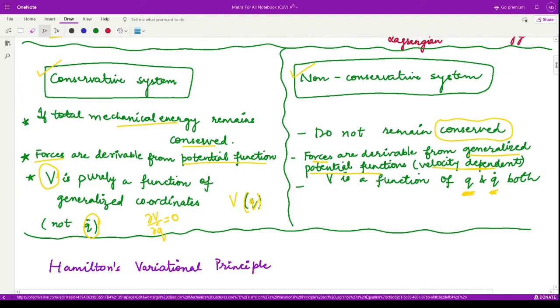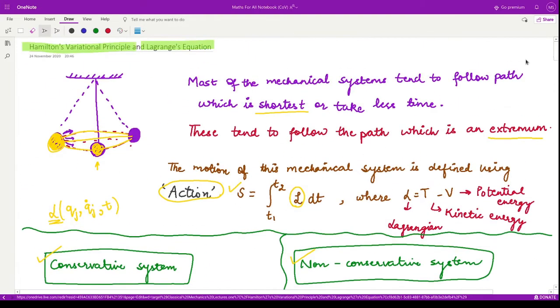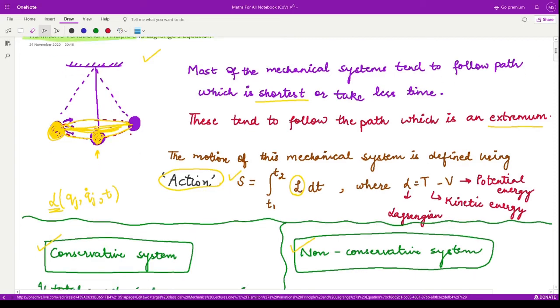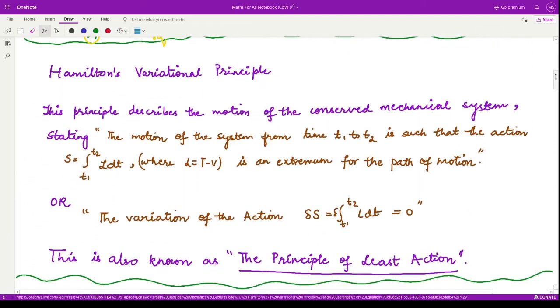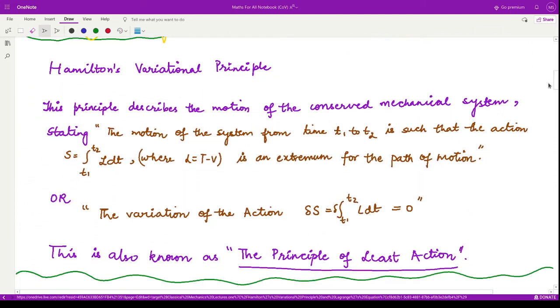Now, as we were talking about what path any system would follow naturally, this pendulum will tend to go by this straight line path, or you can say in this path, because it is the shortest possible path. So what does Hamilton's variational principle say?